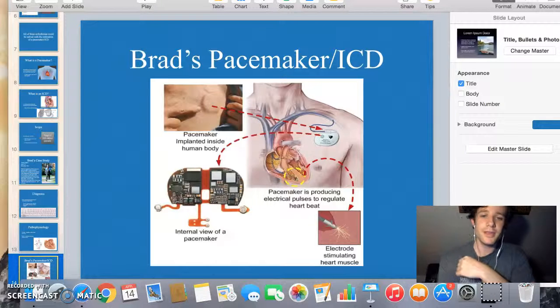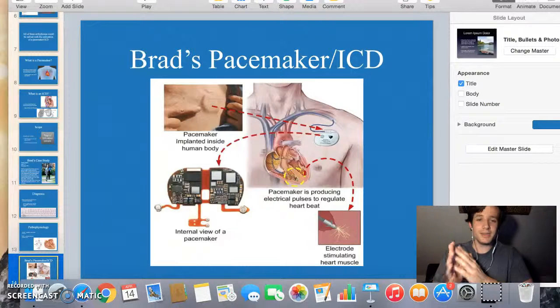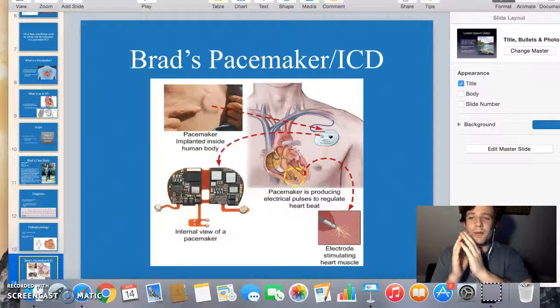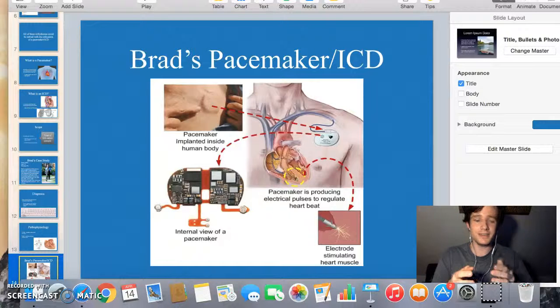There's two nodes. So what's going to happen is when Brad's ICD recognizes that he's having a paroxysmal ventricular tachycardic episode, it will send out a very, very small defibrillation to the ventricles, and that will get them back on pace.